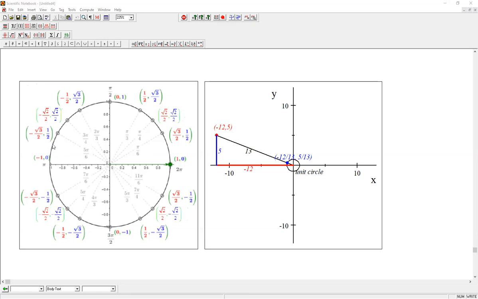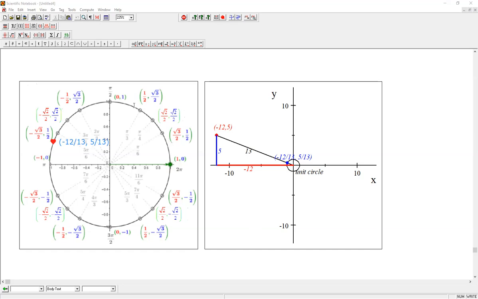Of course, these two unit circles have different scales, but this point is going to be (-12/13, 5/13).